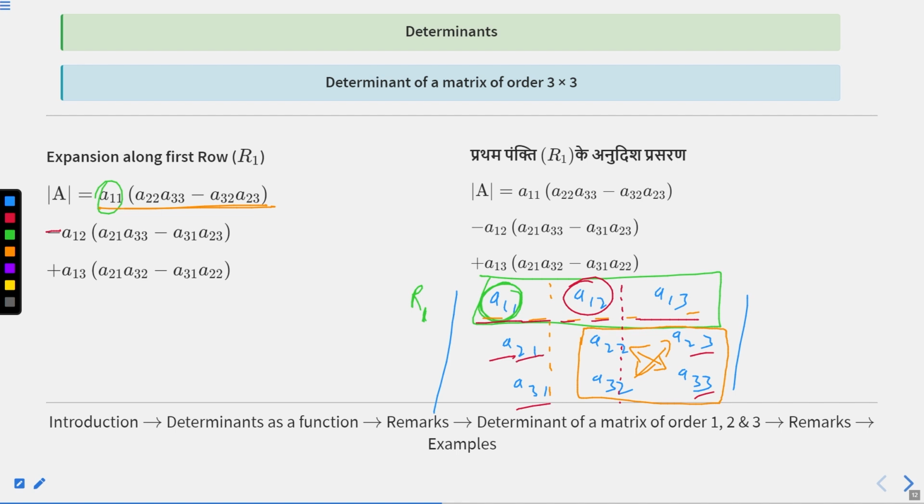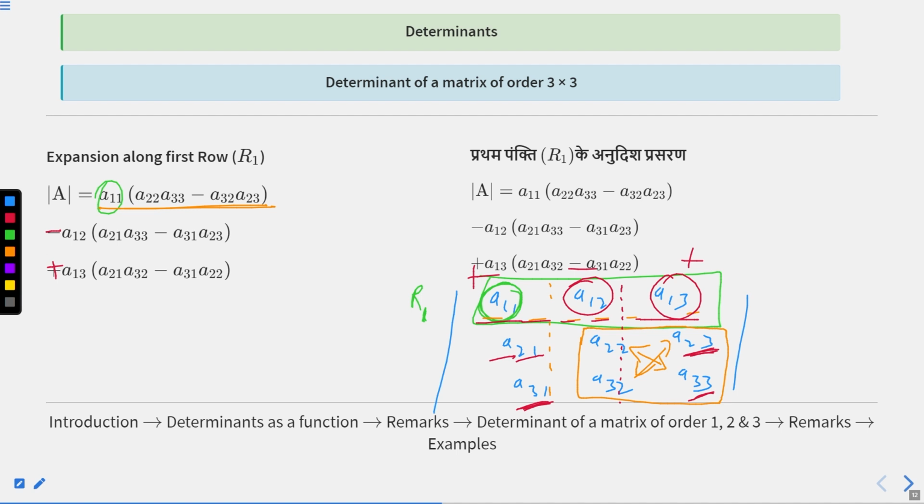So this entry will be multiplied with this. So A21 multiply with A33, and this will be multiplied with this, and put minus sign in between them. You will get this. Now pick this one, put plus sign. So you started plus, minus, and plus. Okay, plus, minus, and plus.